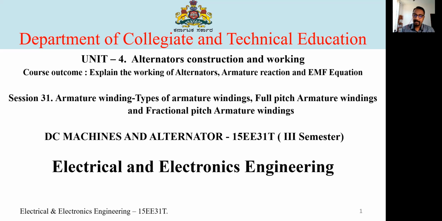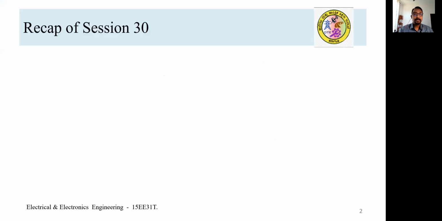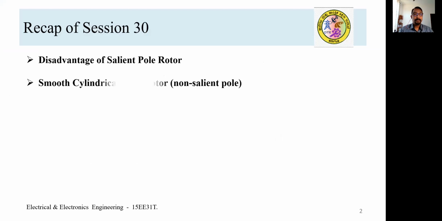Before going into today's session, we will try to recall what we have learned in the previous session, that is session number 30. In session number 30, we learned some of the major disadvantages of salient pole type rotor. After that, we learned the smooth cylindrical type rotor, which is also called a non-salient pole type rotor.